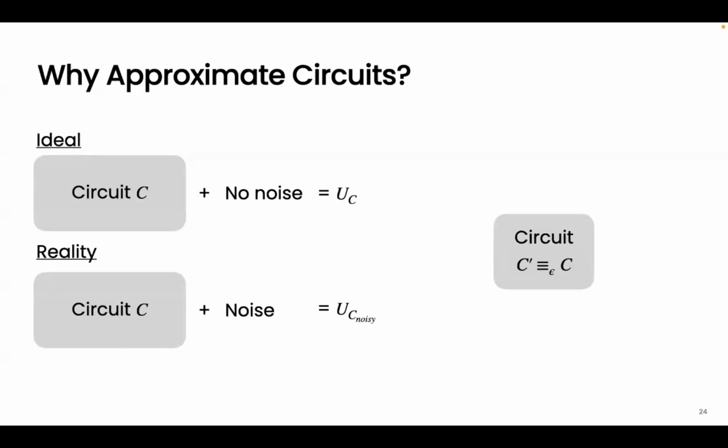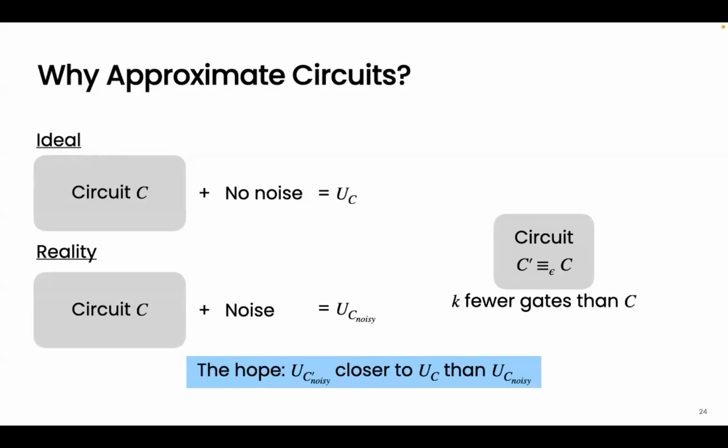So what if I approximate my input circuit, and let's say by doing this, I use k fewer gates. The hope is that the noisy execution of my approximated circuit is closer to the ideal than the noisy execution of the unapproximated one. And this could be the case if the noise from having those k extra gates is more than what I approximated by, which is epsilon.